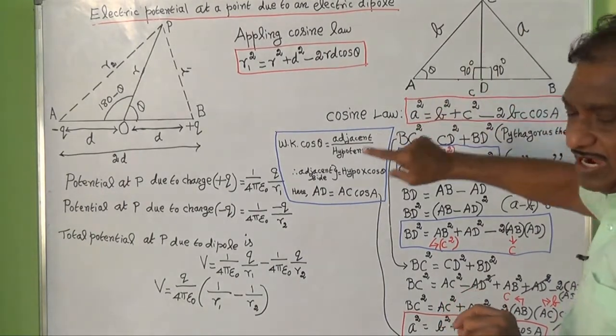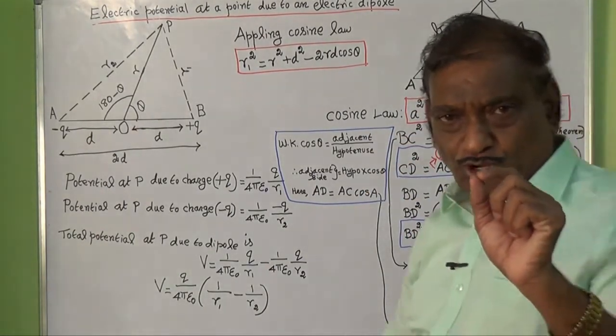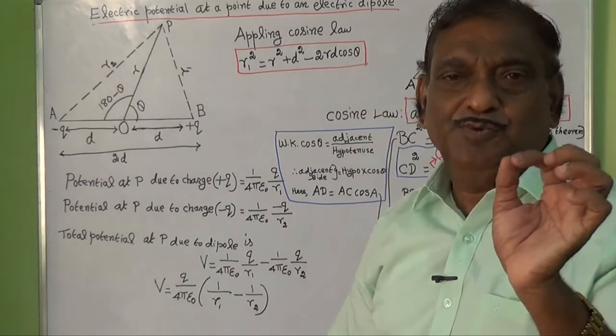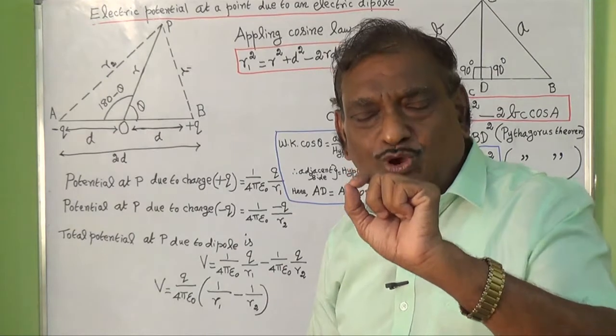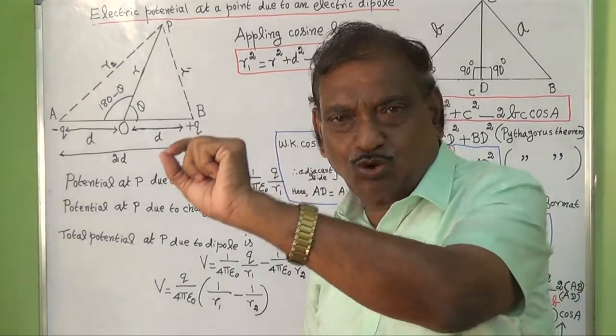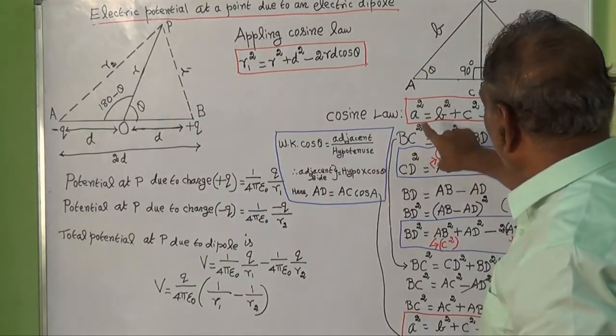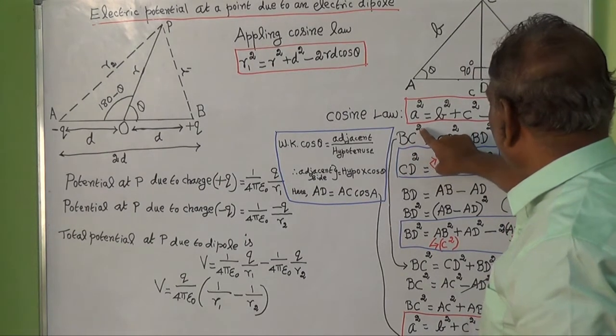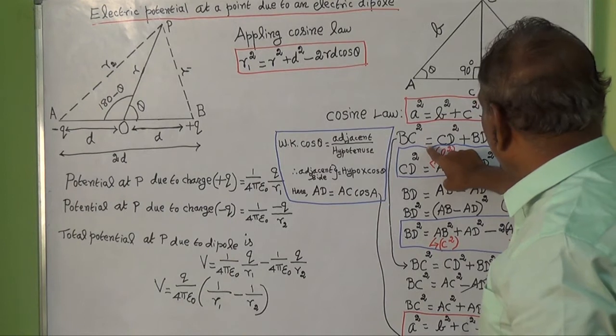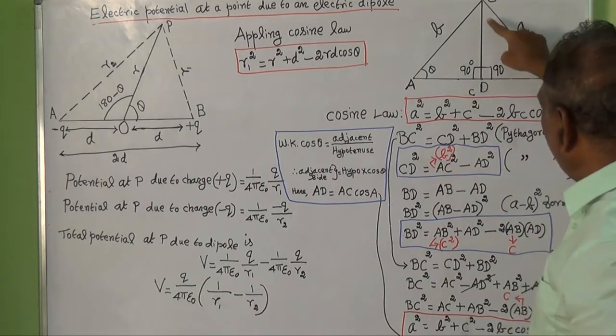So we know that as per the Pythagoras theorem, the hypotenuse square equal to opposite side square plus adjacent side square. So the hypotenuse square is written as BC square, that is equal to the opposite side square.